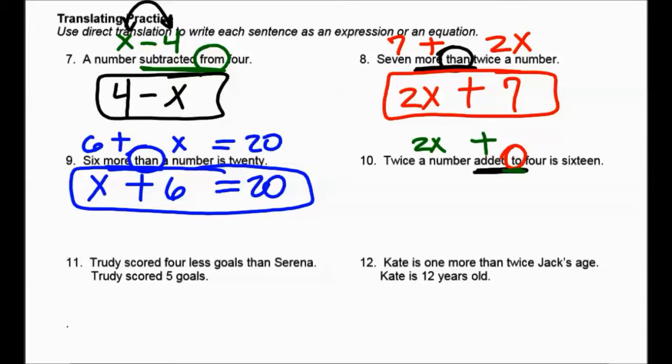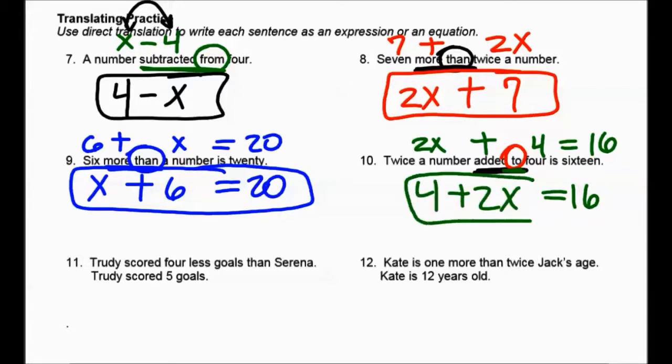So I know the 2x is going to come second. It's not going to be first. So it's added to 4 equals 16. Guys, remember, the equal part stays exactly where it is, and I switch what I'm adding. All right, you only switch what you're adding or subtracting.